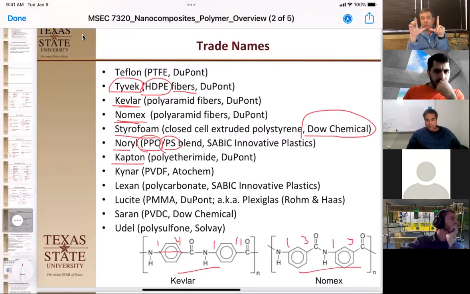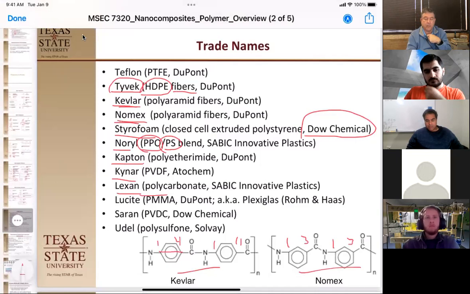It's typically those yellow high temperature films that you see. Kynar is the polyvinylidene difluoride. Okay, Kynar is a piezoelectric material, so it can interact with, we'll talk about piezoelectrics later.